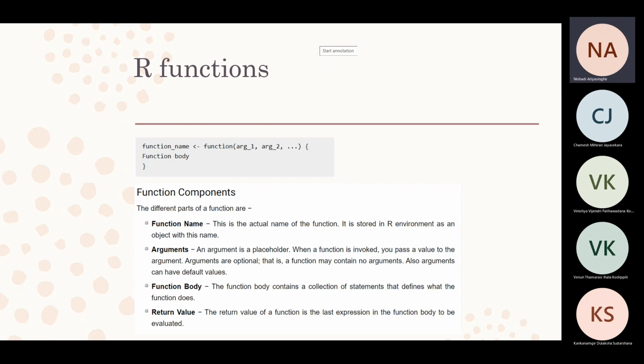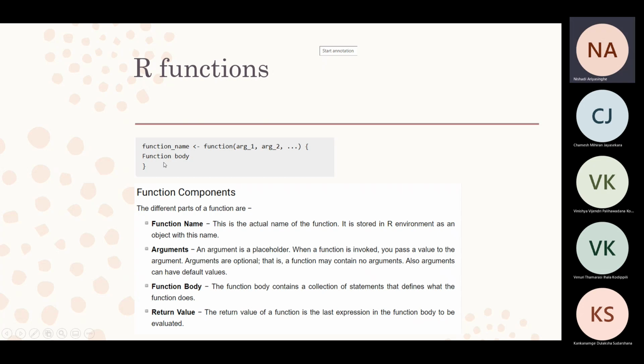So a function might have arguments or no arguments. Also, arguments can have default values. So we can pass a default value to an argument through a function.